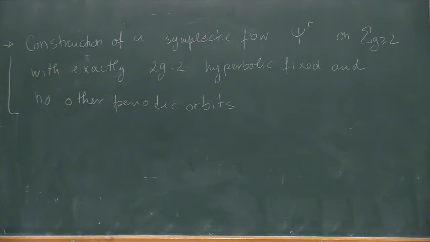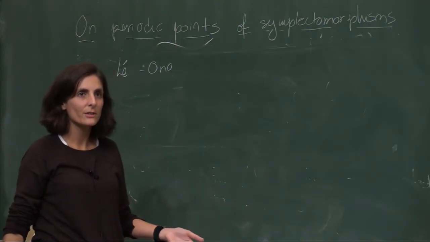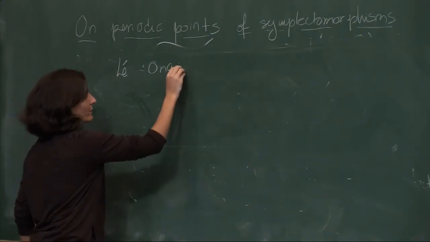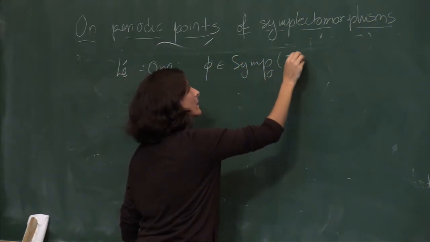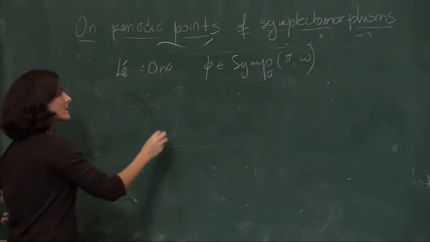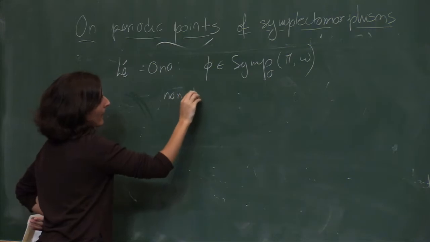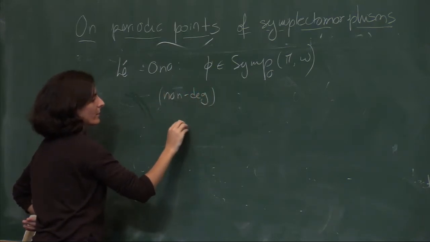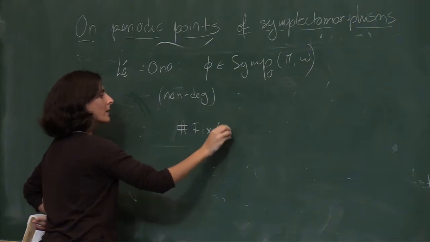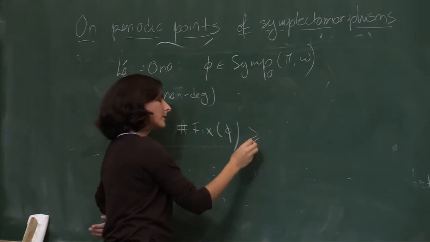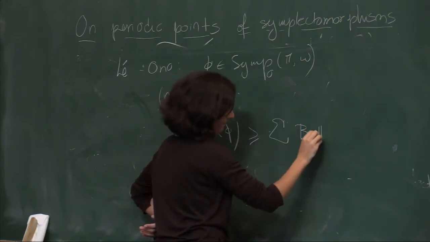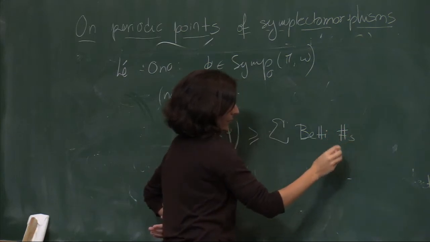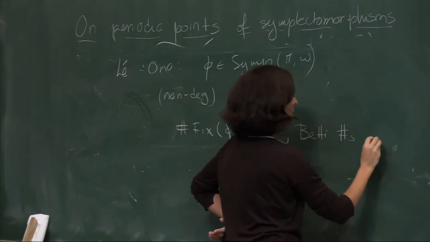There's this result by Leonardo, which is like a variant, if you wish, of the Arnold conjecture. For the non-degenerate case, where phi lives in the identity component of the group of symplectomorphisms, they prove that the number of fixed points of such a symplectomorphism is bounded from below by the sum of the Betti numbers of the Novikov homology.